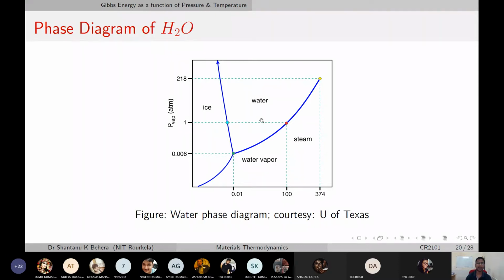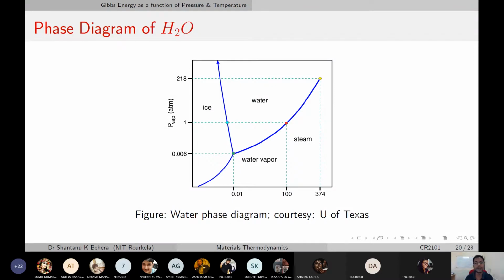So in this system, we can have a look at how the free energy of each of these phases changes when we keep the temperature constant and try to understand the various free energy components in a changing pressure environment.